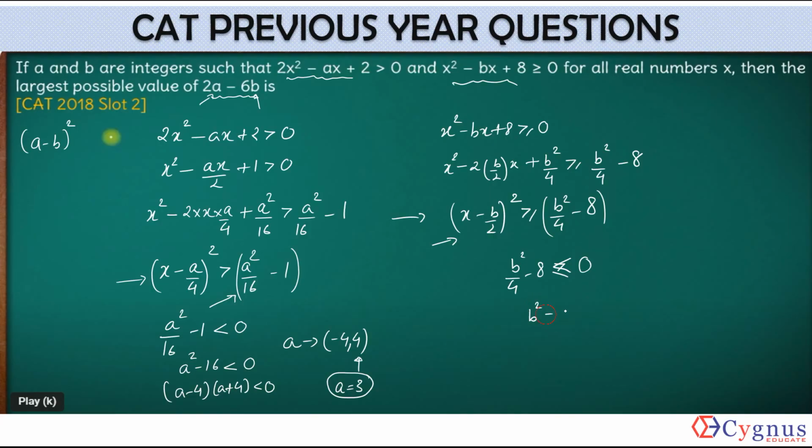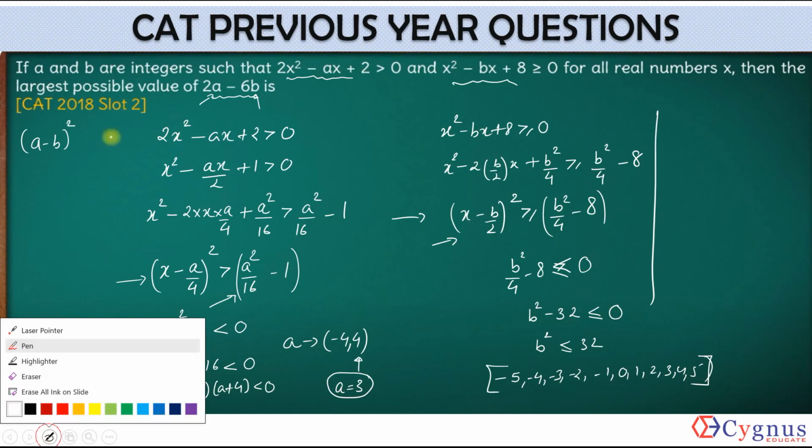Can we write it like this? b² - 32 less than or equal to what? 0. Yes or no? So b² has to be less than or equal to 32. The possible integral values such that the square is less than or equal to 32: I'll start from -5, -4, -3, -2, -1, 0, 1, 2, 3, 4, and 5. All these values will satisfy. Yes or no?